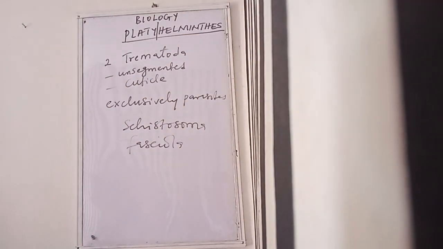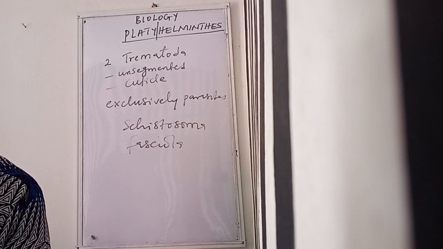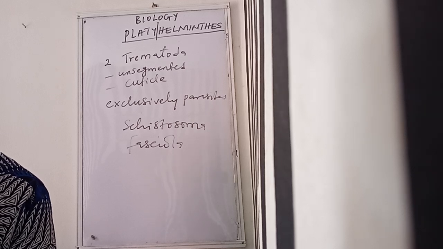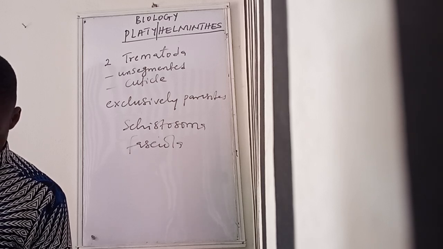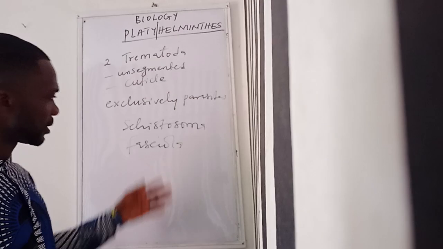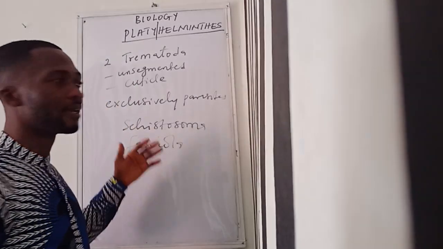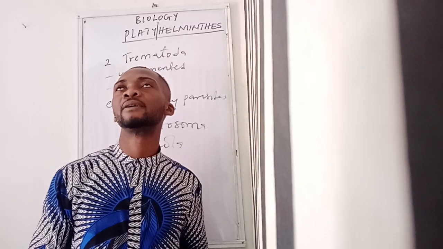Because we are studying biology, there are some of the examples which we will not mention. There are so many examples which I don't want to mention: Paragonimus westermani, Heterophyes, Gastrodiscoides hominis, and so on and so forth.